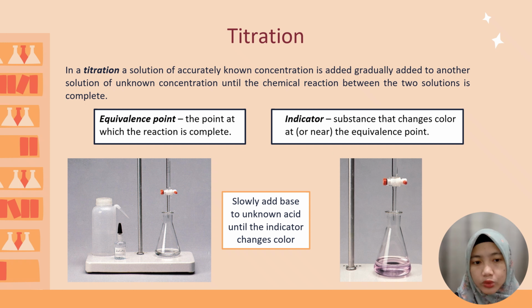Usually we need 2 or 3 drops of indicator, place it in the solution in the conical flask, and then you start doing the titration. After you put the titrant inside the burette, you need to record the initial volume before the titration begins. And then you slowly add the basic solution to the unknown fruit juices until the indicator changes color. For example here, when a solution is in acidic form, when we put an indicator of phenolphthalein, the color would be colorless.